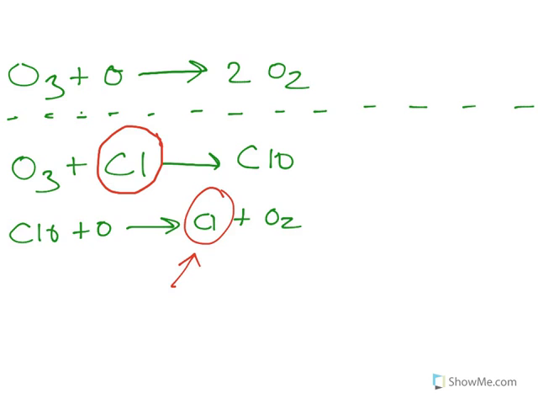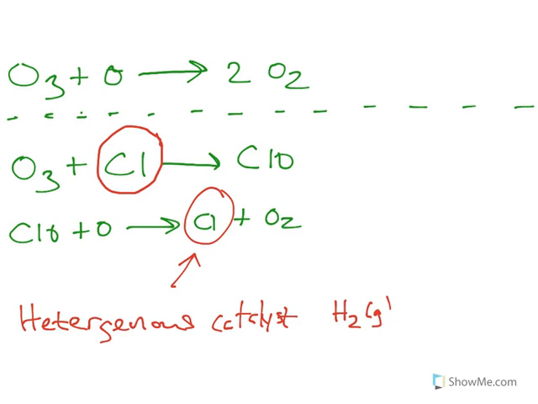Okay, so there's two types of catalysts, all right, that are out there. There's what we call heterogeneous. And these are not part of the reaction phase, all right? So for example, you can have something called catalytic hydrogenation, where we take H2 gas, all right?